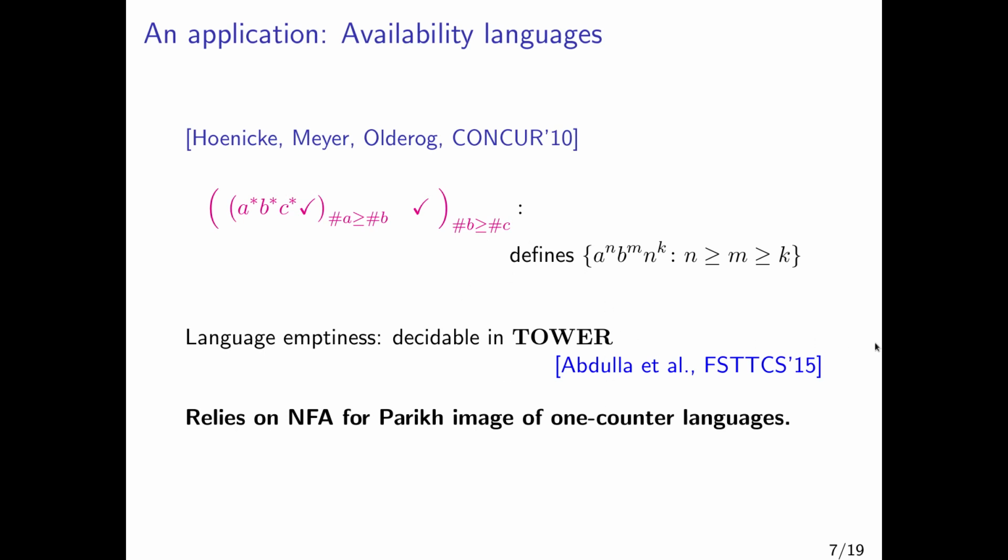So if for the question of converting one-counter languages to Parikh-equivalent NFA you get upper bounds that are sub-exponential, then you get better results than this tower. You get something like elementary, so doubly or triply exponential, depending on the specific function. So this is why NFA Parikh-equivalent to one-counter languages are important.